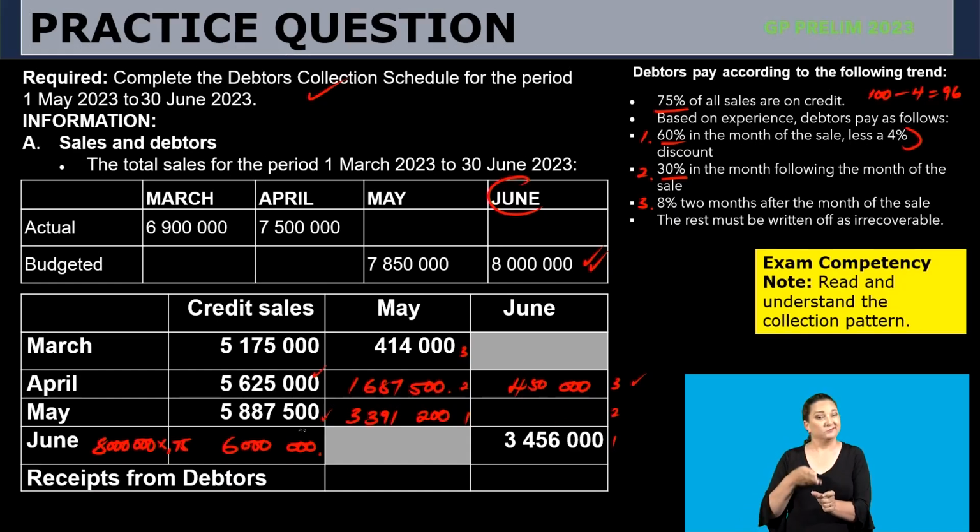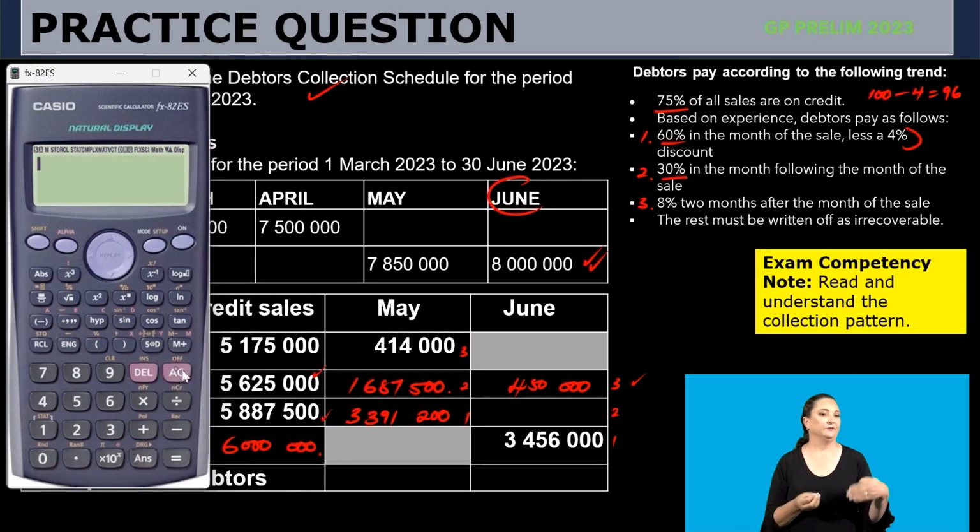And then I'll come now to the month of June. In the month of June, I have my credit sales again, remember? 5,887,500. Then, what percentage am I going to get in June, the month after? I'm going to get 30%. Multiply that by 30%. That's 1,766,250.